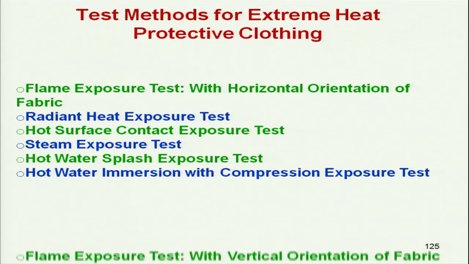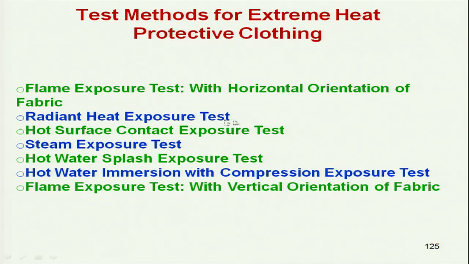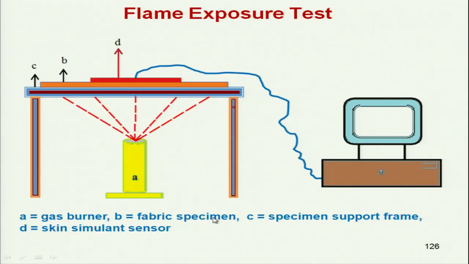These are the different tests: radiant heat exposure test, flame exposure test with horizontal or vertical orientation of fabric, hot surface contact exposure test, steam exposure test, hot water splash exposure test, hot water immersion test, flame exposure test. There are different tests.